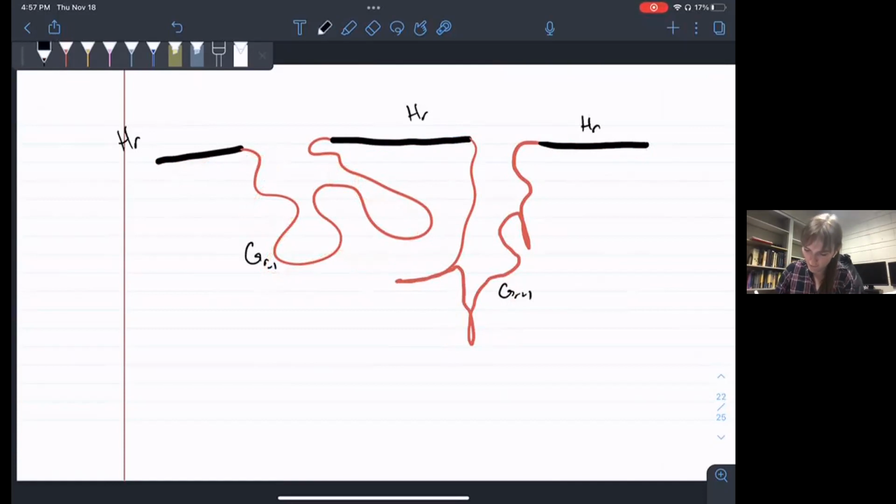a proposition. If you have a relative train track map, I'll say this and then shut up.